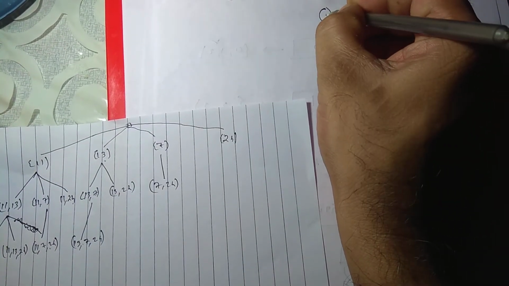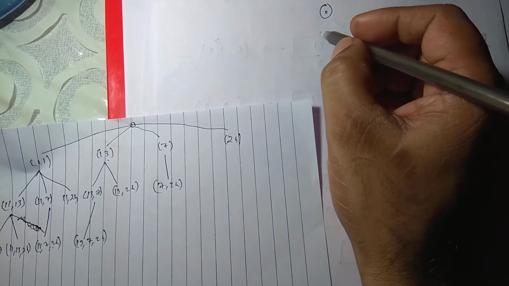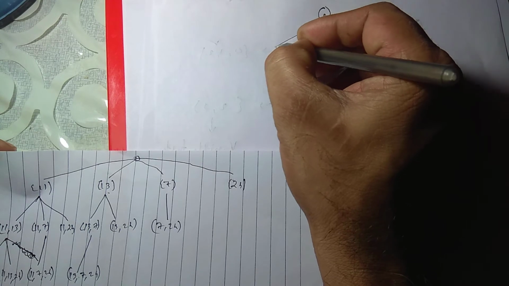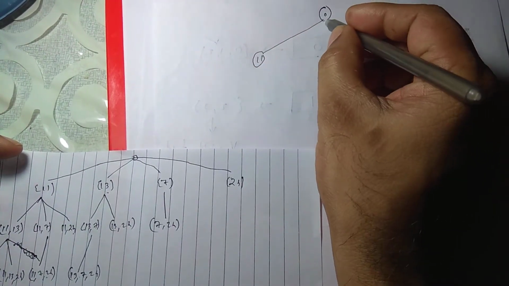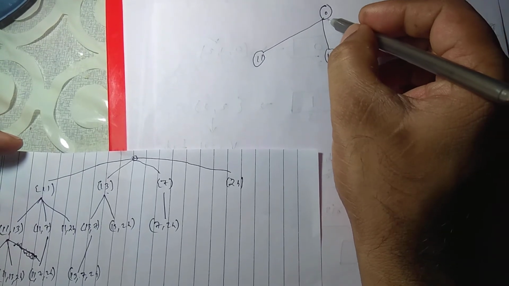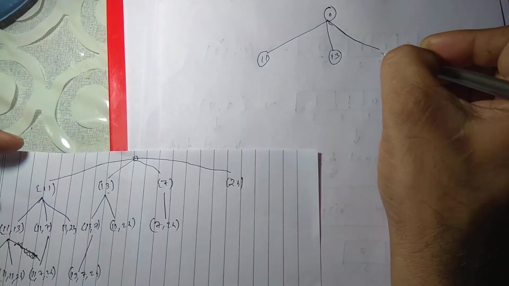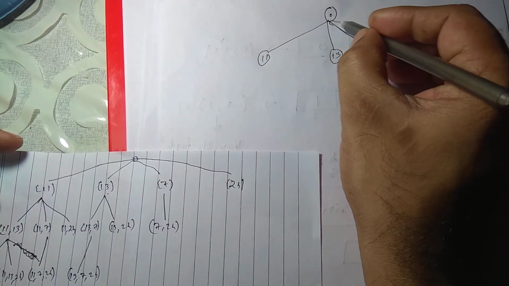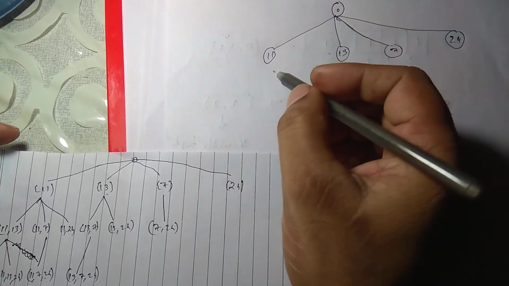Starting from the root where sum is equal to 0, then 11, then 13, then 7, and last the 24.